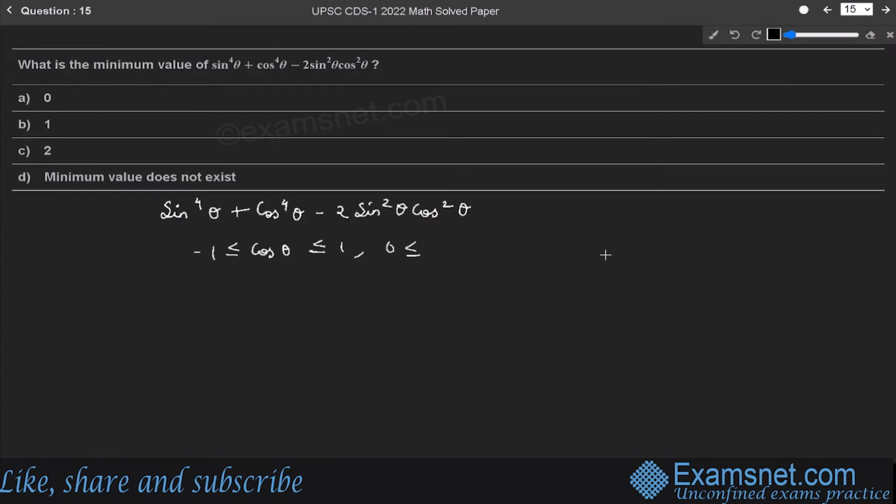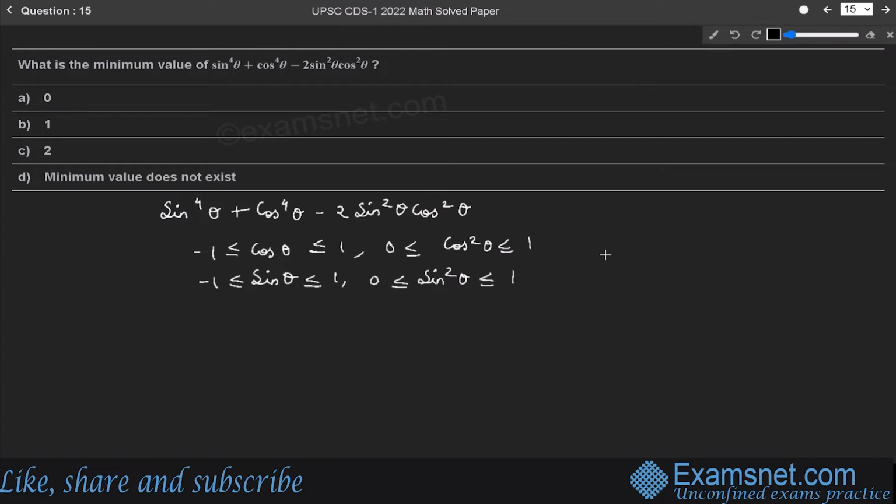And if cos theta lies between -1 and 1, then cos^2 theta will lie between 0 and 1. Similarly, sin theta will lie between -1 and 1, and sin^2 theta will lie between 0 and 1.